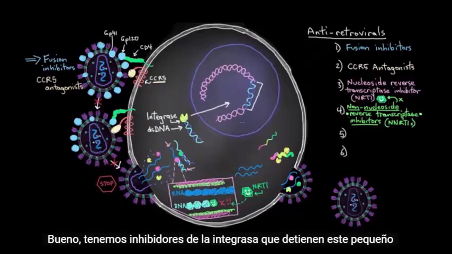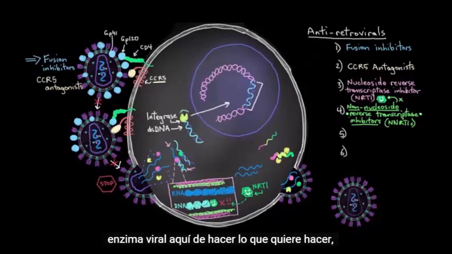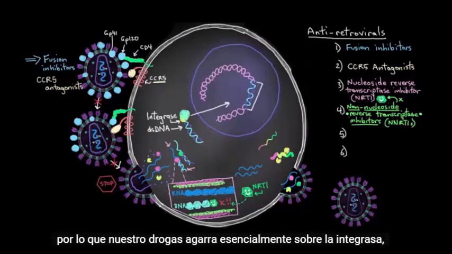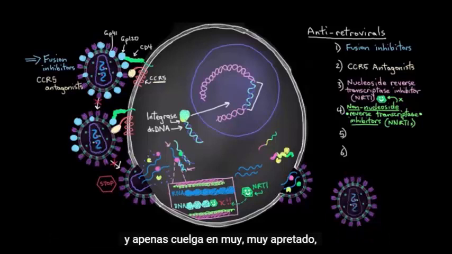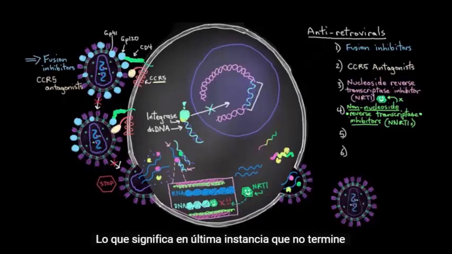Well, we have integrase inhibitors that stop this little viral enzyme from doing what it wants to do. Our drug essentially grabs onto the integrase and just hangs on really, really tight. So then integrase can't bring any viral DNA into our nucleus, which means ultimately it doesn't end up integrating the viral DNA into our DNA.